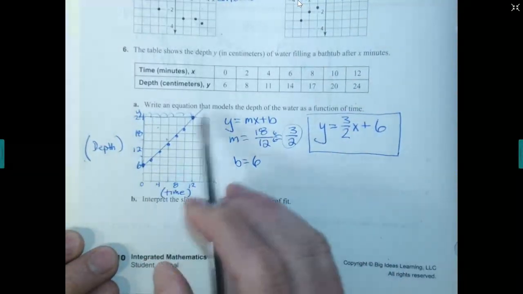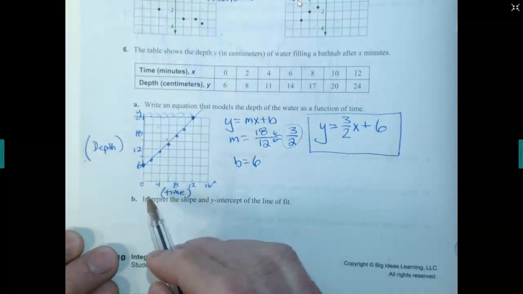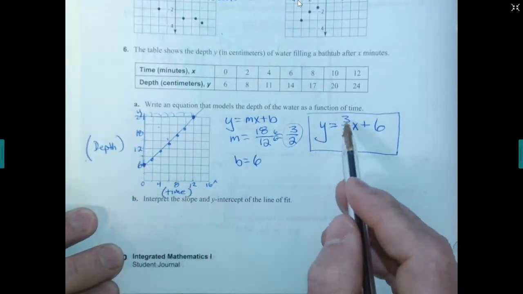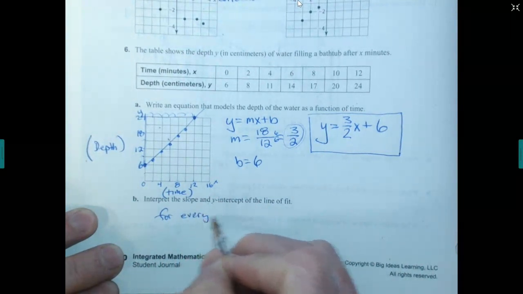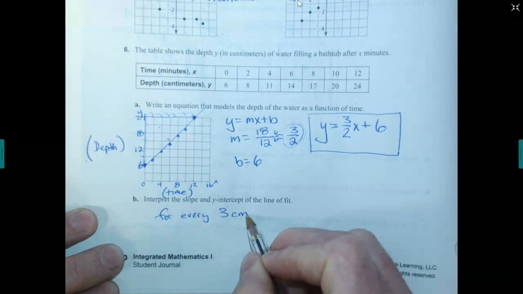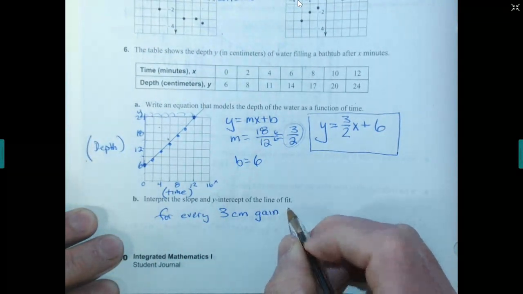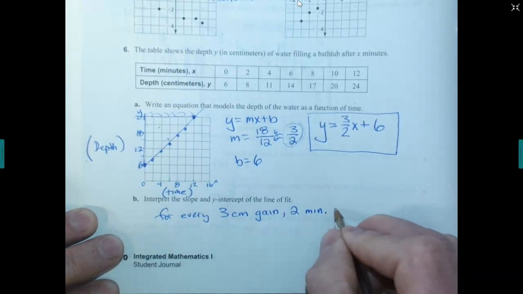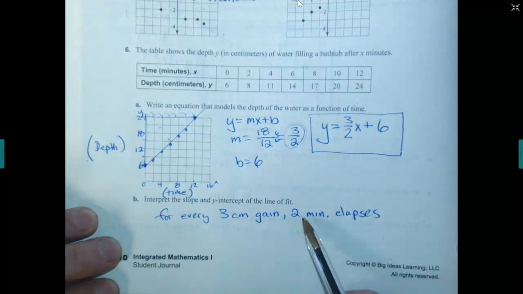And so what I'm gathering here is that for every 3 centimeters of gain, here I have my slope, 2 minutes elapses. In other words, every 2 minutes I get 3 more centimeters of water.